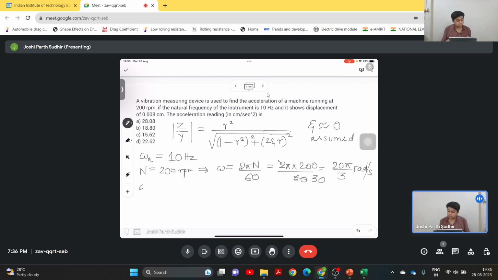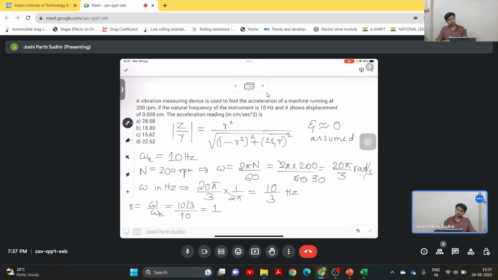So this omega in hertz will be 20 pi by 3 into 1 upon 2 pi, because frequency is omega by 2 pi, which is 10 by 3 hertz. So the frequency ratio r, which is equal to omega by omega n, is 10 by 3 upon 10, which is equal to 1 by 3.